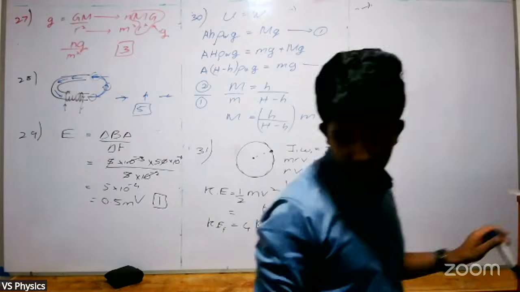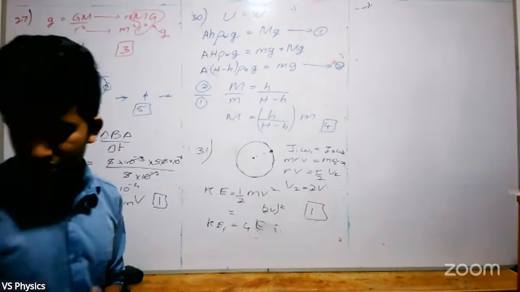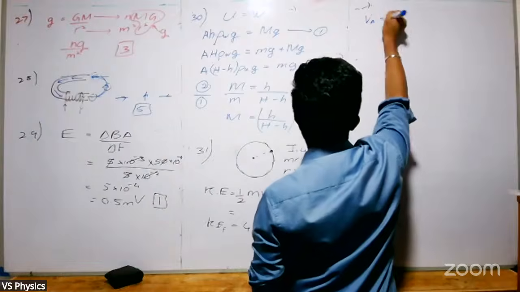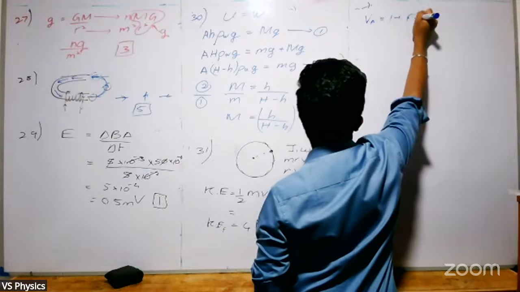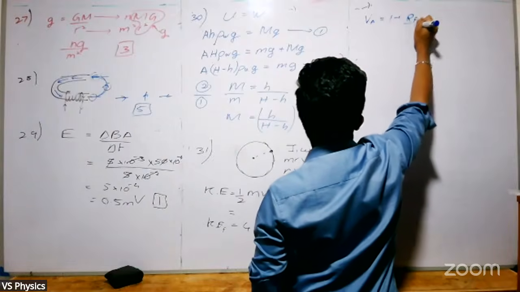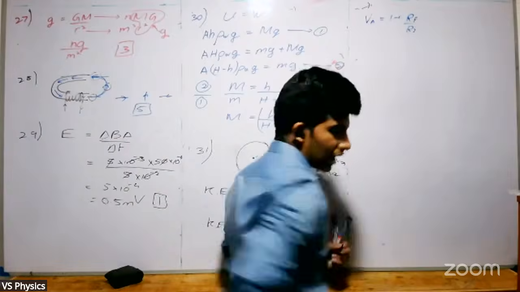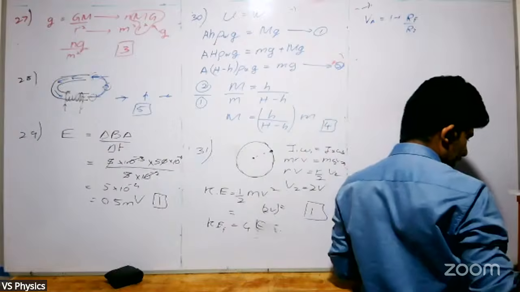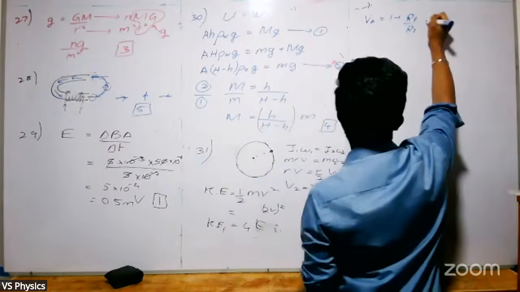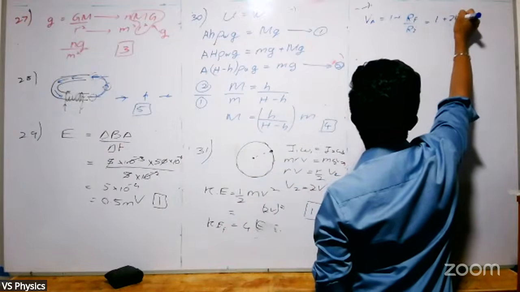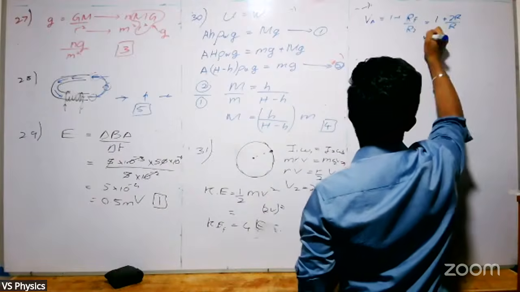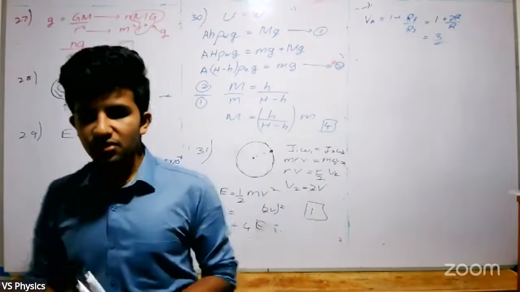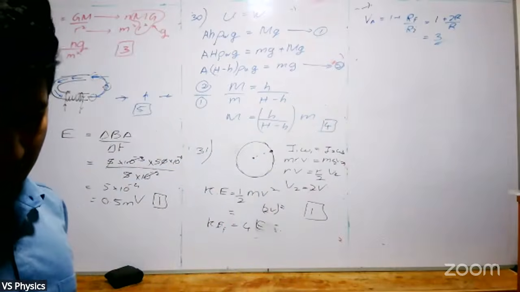Otherwise we can directly say that voltage amplification is equal to 1 plus Rf over Ri. What is Ri? Ri is 2R, and here Rf is R. Ultimately, we get the final answer as 3. That is the voltage amplification.